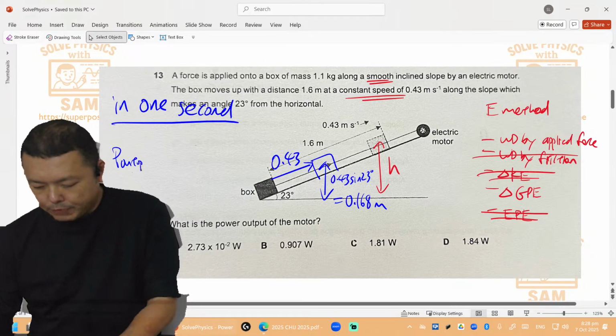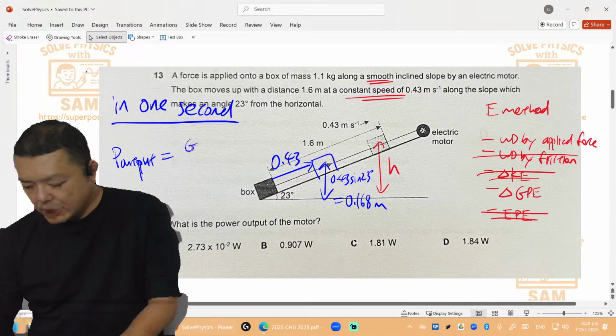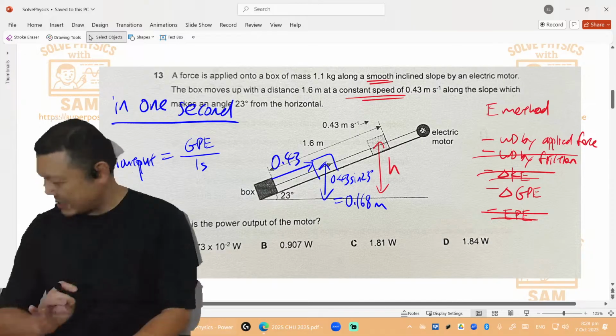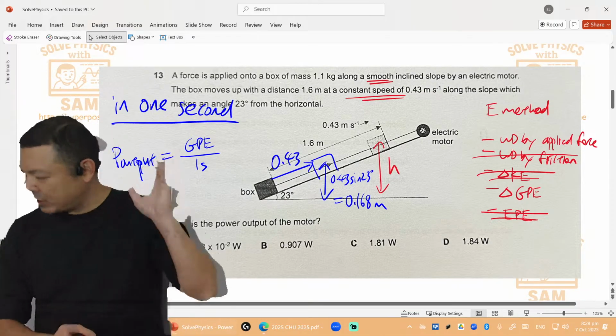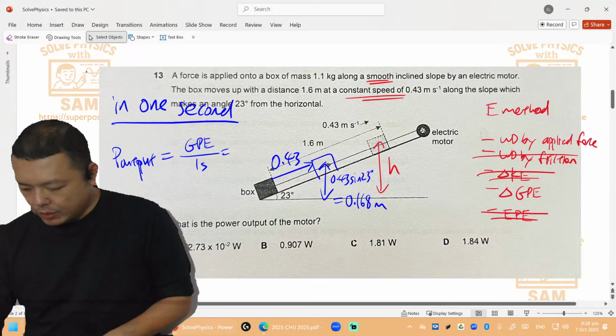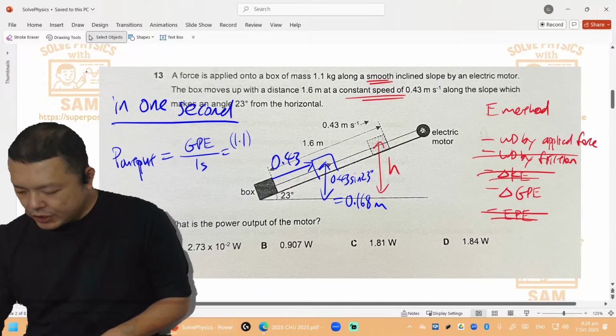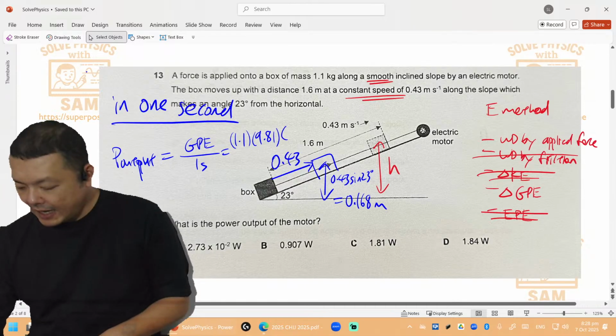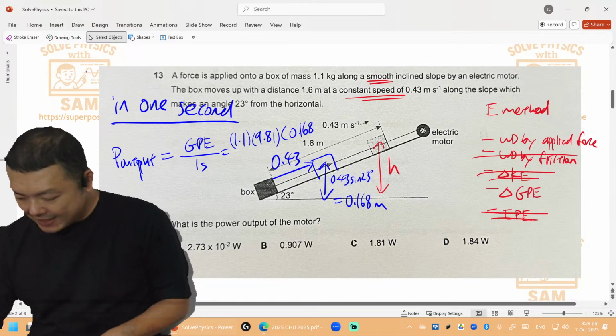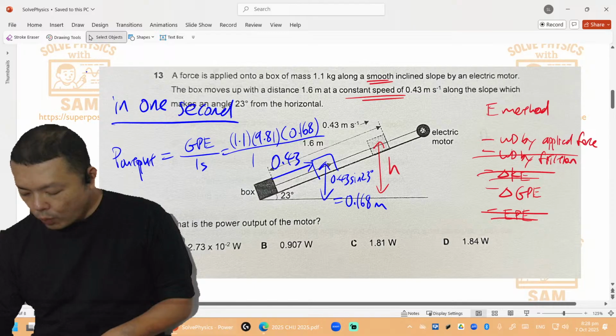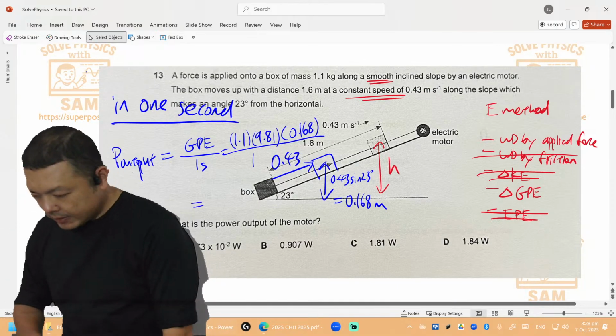So power output of the motor equals GPE over 1 second, because joules per second gives you power. So m is 1.1 kg, g is 9.81, h is 0.168 over 1 second. And what is this power?